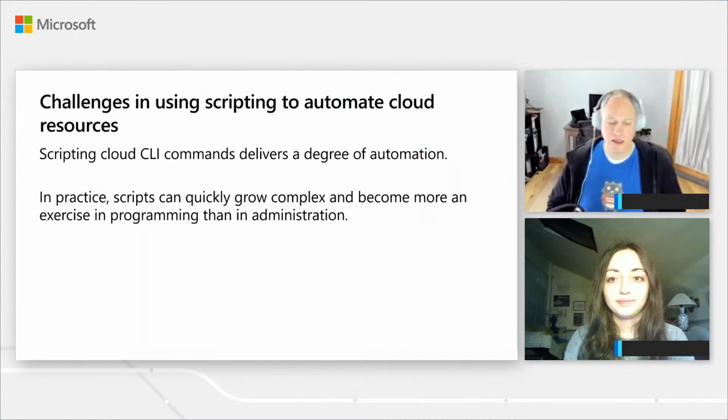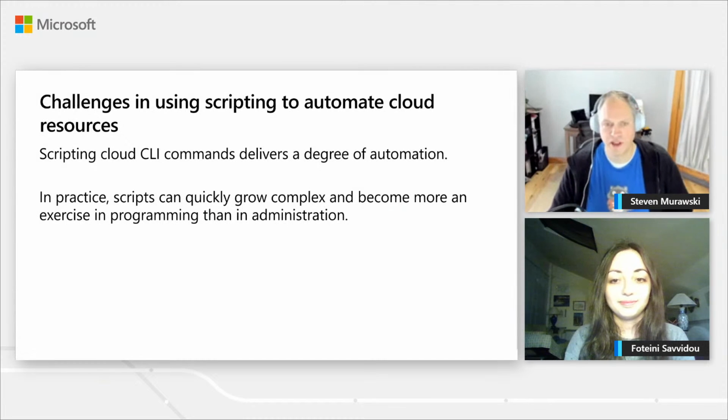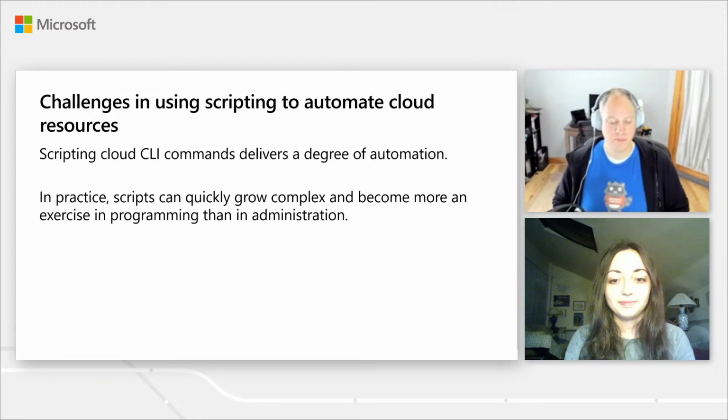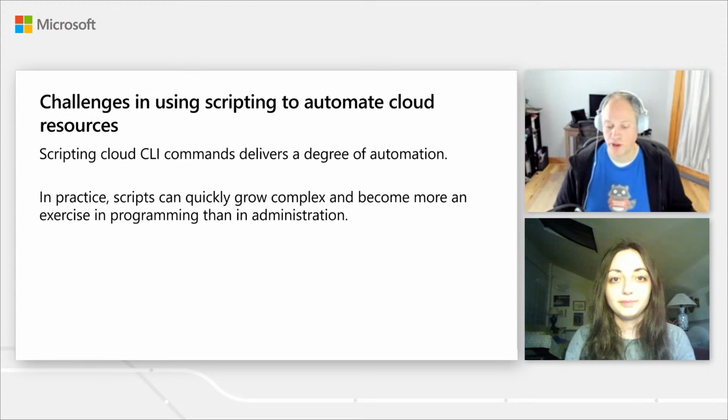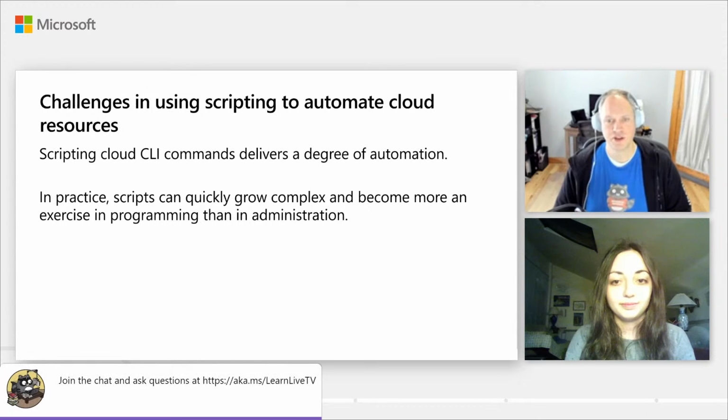And as we were just talking about, Foteini, scripting can provide some additional consistency. It can make some more complex things a little more straightforward. But we do have some problems. We do have some potential areas of pain as we develop those scripts.